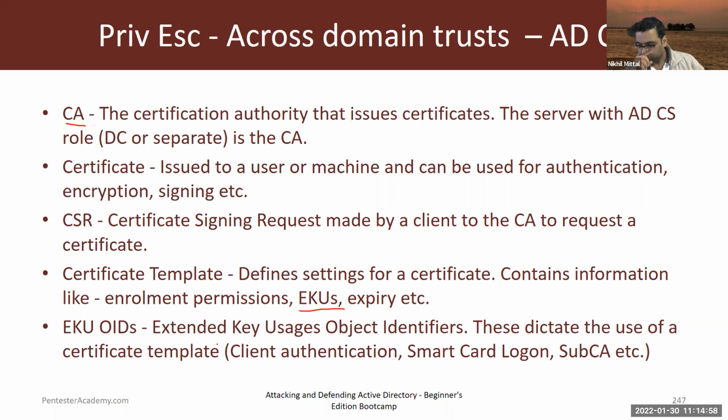Please make sure, if you do not absorb all of this in the very first attempt, it is absolutely fine. When I was creating these slides, although I have played with, set up, and abused ADCS in the past for bypassing WDAC, it still took me a lot of reads and rereads and going through the documentation. So it is absolutely fine if you do not get it in the very first attempt.